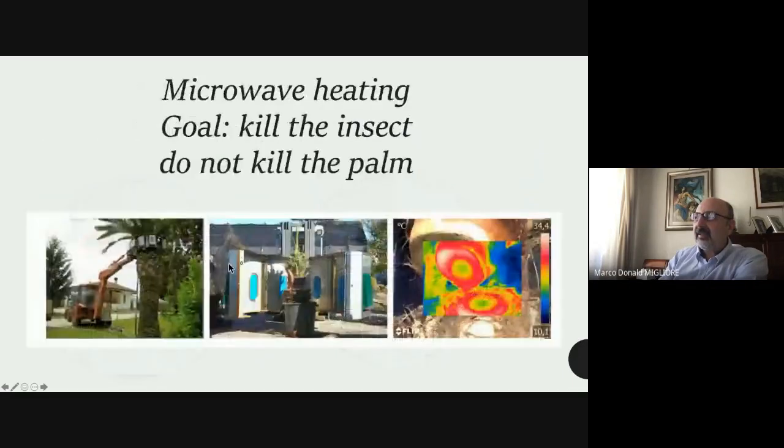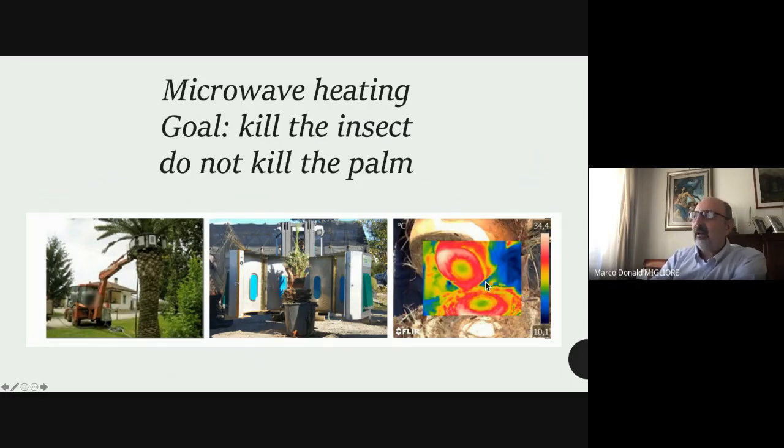And in this case, the idea is to increase the temperature using microwaves, and to reach, let us say, the killing temperature for the insect, without reaching the killing temperature for the palm. And this is one of the devices that we built. These are basically microwave ovens, a lot of microwave ovens around the palm. This is an example of increased temperature.